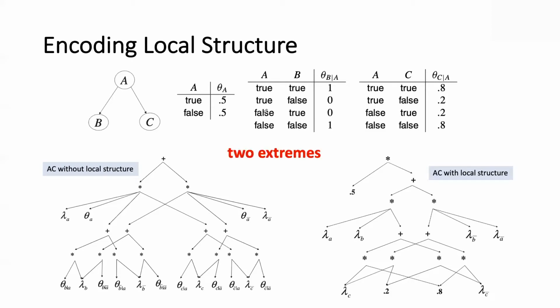Now, these are two extremes. What happens is that sometimes you do know some of these parameters and you don't know others, right? So you're building a model for a situation, and you may know that basically B is a function of A, as shown here, but you really may not know how C is related to A. You don't know these probabilities, or you may not know the prior on A. So in that case, you have a situation that's somewhere in between.